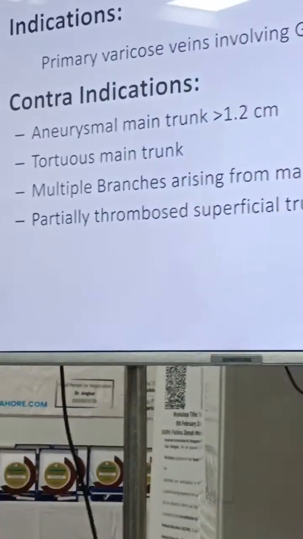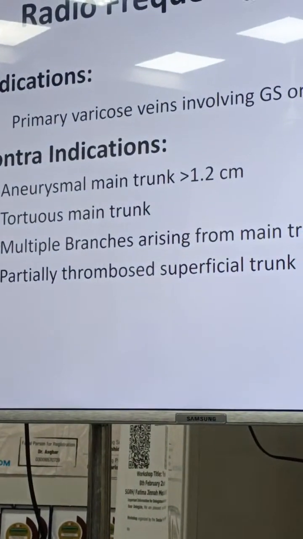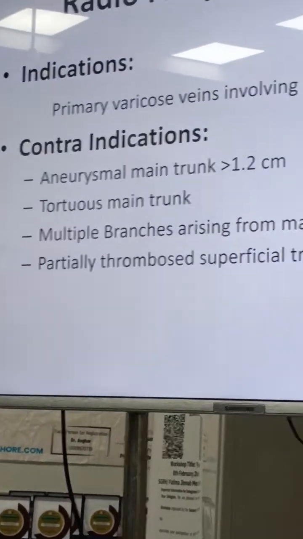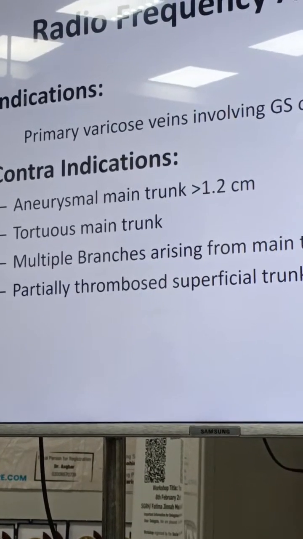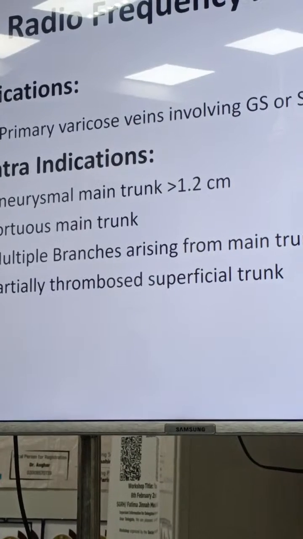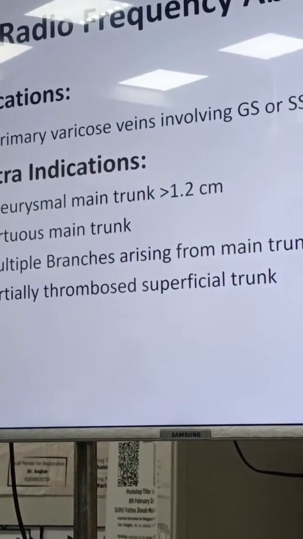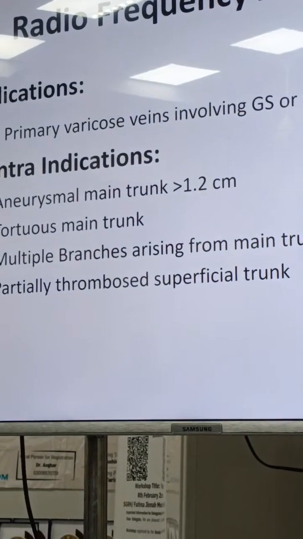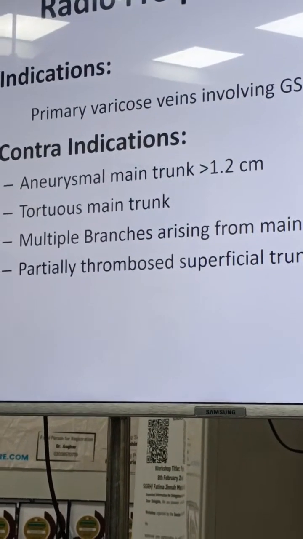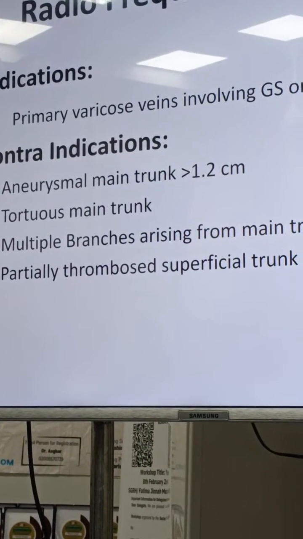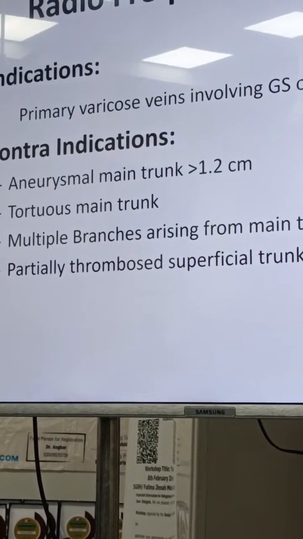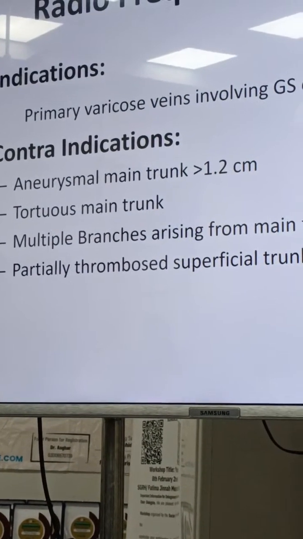So if the vein is significantly larger in size, RFA or EVLA is generally not recommended, because the catheter tip does not get contact with the vein wall. So that can lead to failure of the treatment. If the main trunk is tortuous, it is difficult to negotiate the catheter easily, and at times you have to do multiple punctures at multiple sites.